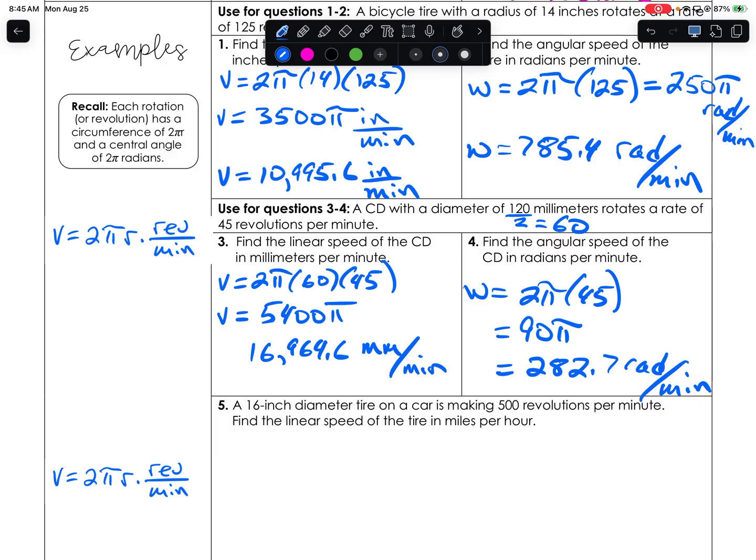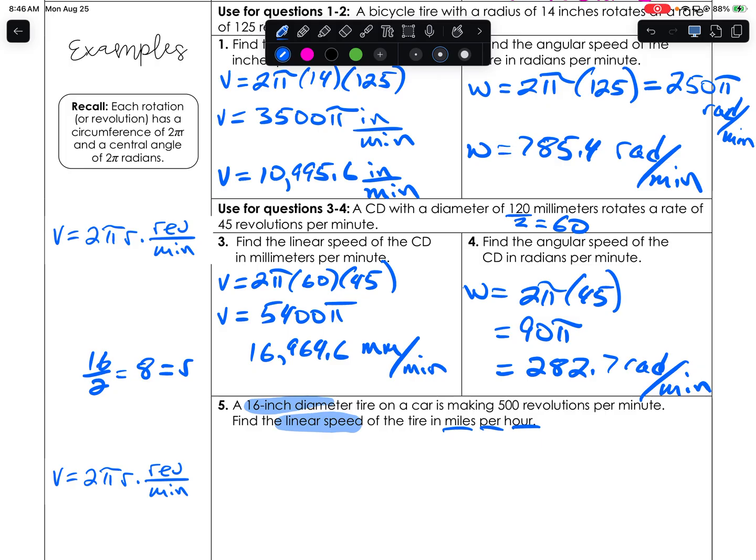So this one, they want us to change it to miles per hour. Which formula are we using? Linear speed. They gave us diameter again, right? So we have to cut that 16 in half. So our radius is 8. And it's in miles per hour.